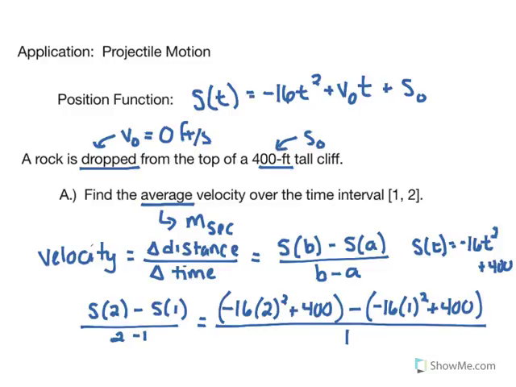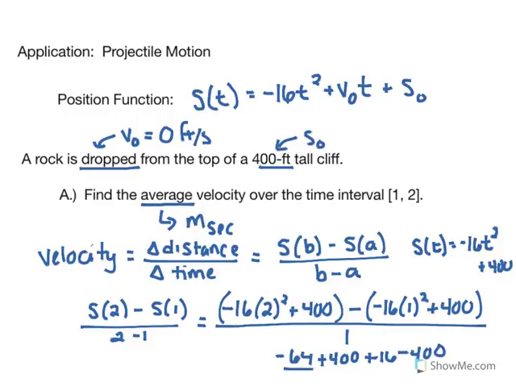Okay, so negative 16 times 2 squared, that's negative 16 times 4, which is negative 64. So we have negative 64 plus 400 minus, and then we have negative 16 times 1 squared. Well, that's negative 16, so it'll be minus negative 16, so plus 16. And then minus 400. So the 400s are going to disappear.